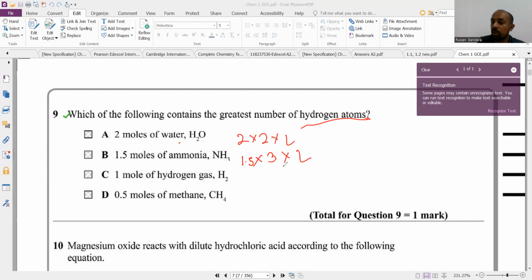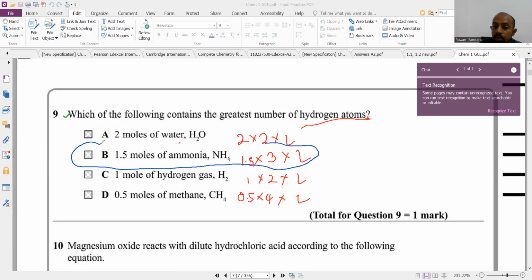You don't have to use the 6-point value, you can just write L. Then 1 into 2 into Avogadro's number. Hydrogen gas has 2 hydrogen atoms. 0.5 into 4 into Avogadro's number. So the answer is B. Is this clear? Yes.